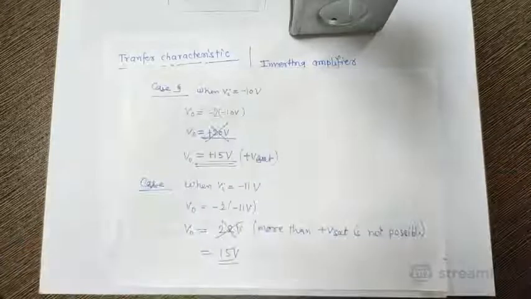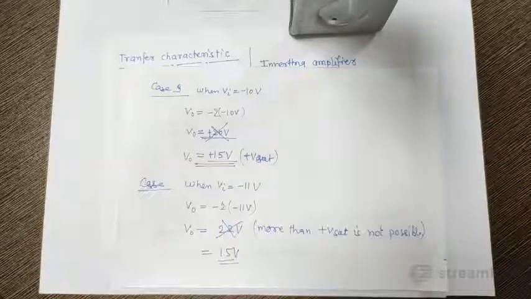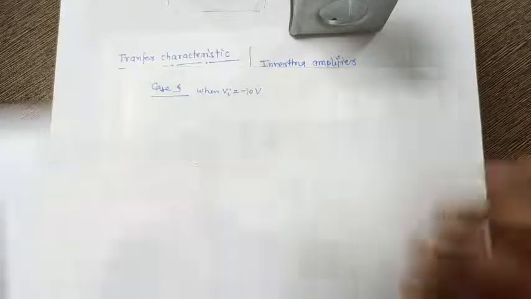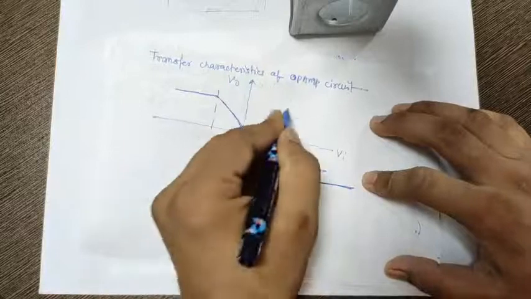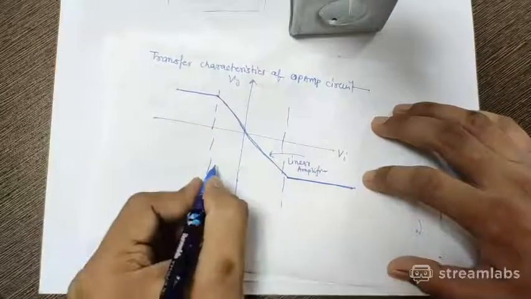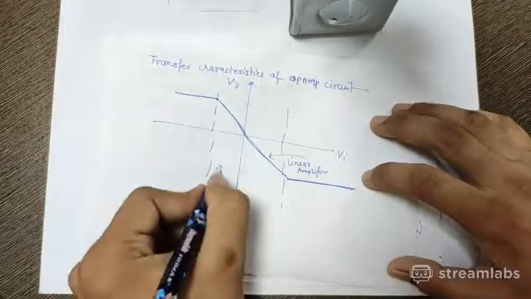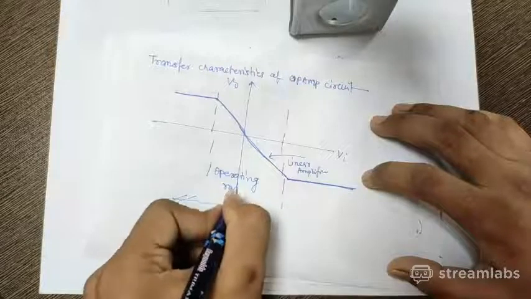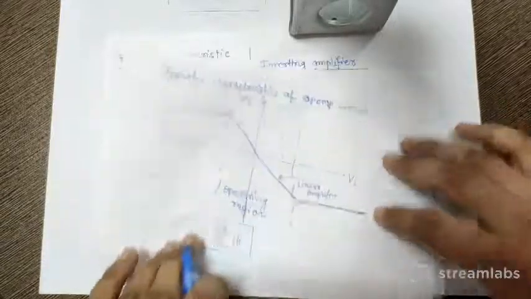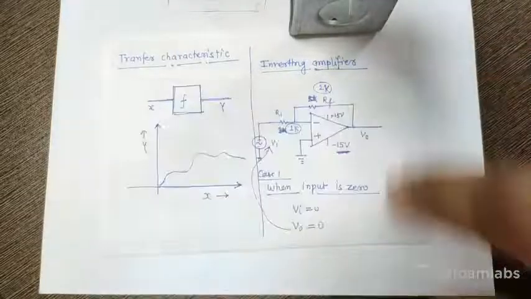This is how the transfer characteristics of an operational amplifier are solved. This region is the operating region. This is how the transfer characteristics of an OpAmp can be drawn.